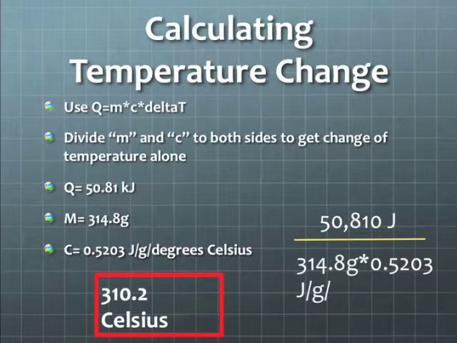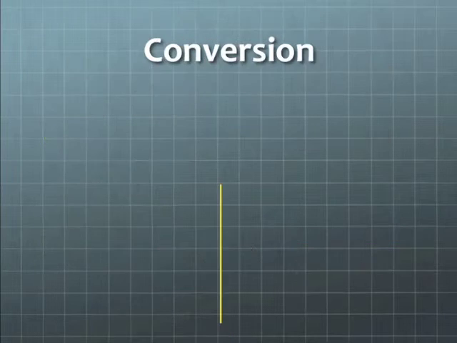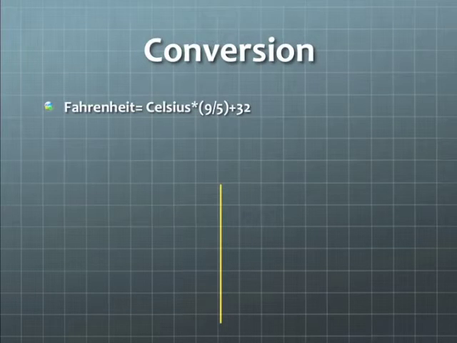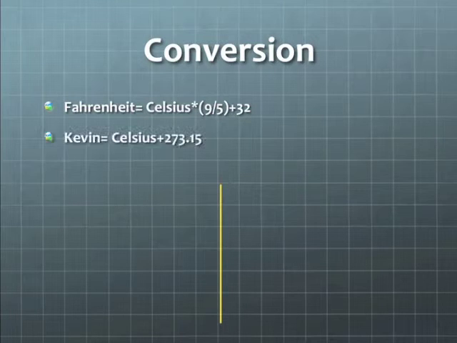So as the problem requires us to convert these temperatures to Fahrenheit and Kelvin, the formula for converting Celsius into Fahrenheit is the Celsius degree times 9/5 plus 32, and the Kelvin formula is the degrees in Celsius plus 273.15.